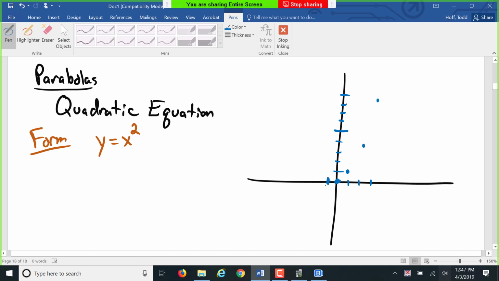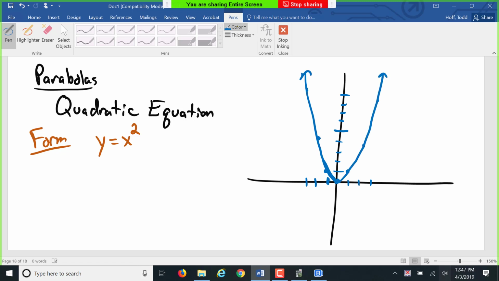Same happens on the other side. Negative 1 squared is 1, negative 2 squared is 4, negative 3 squared is 9. We get that parabola. Looks just like that. And remember, this point right here is called the vertex. The vertex is at the origin.